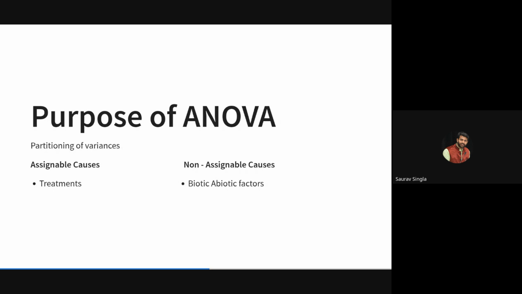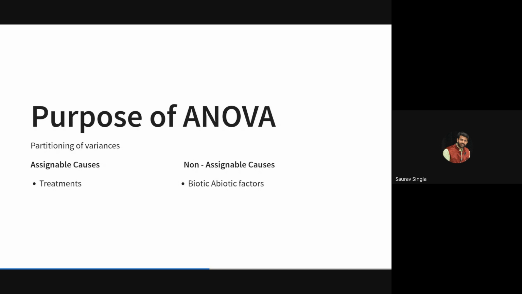So this is one assignable cause: the different fertilizer doses, the different treatments, all these things. These are one type of assignable causes. The second thing that usually comes under assignable causes is blocks. What are blocks?